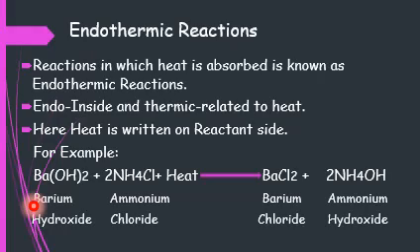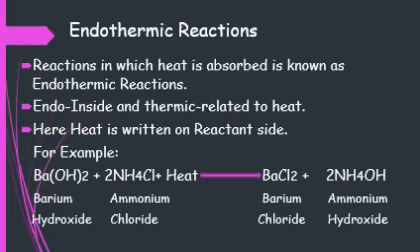If we study this reaction, Ba(OH)2, the name is barium hydroxide, reacts with ammonium chloride. Ammonium chloride is NH4Cl. Remember the formulas here. Plus heat, that means heat is absorbed in the reaction. It's giving barium chloride plus NH4OH, that is ammonium hydroxide. So this is the reaction taking place over here.